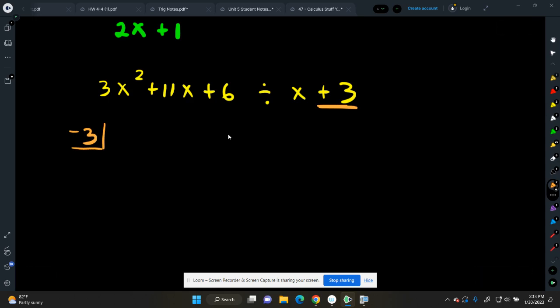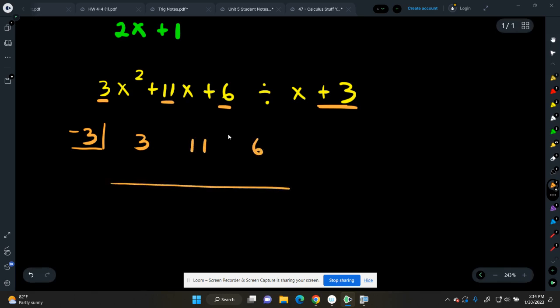Now we're going to write the coefficients: 3, 11, and 6. We're going to bring the 3 down. Bring the first number down.